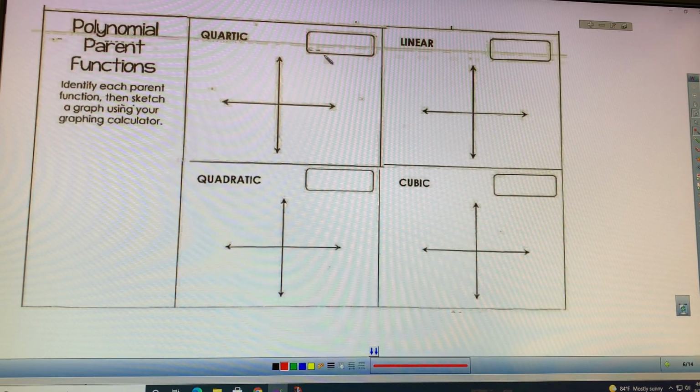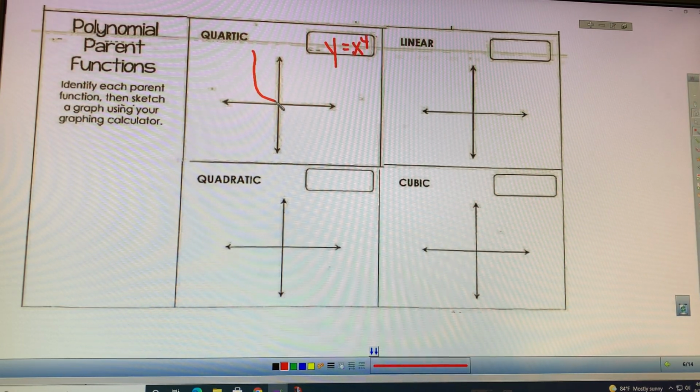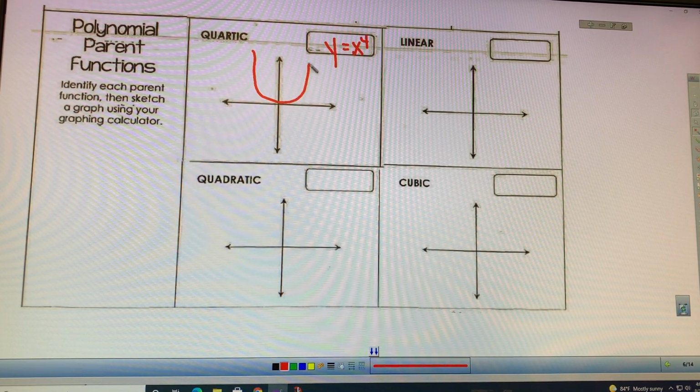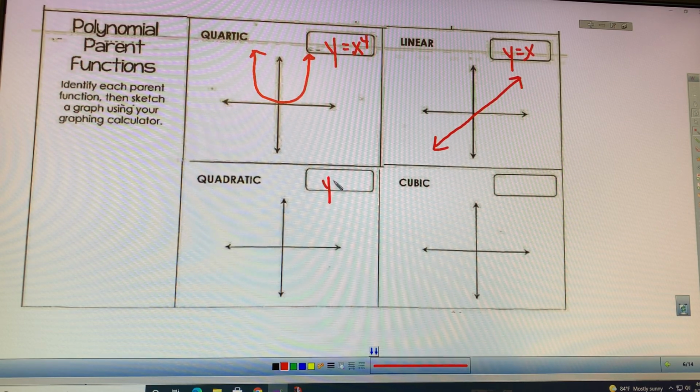Here, let's fill these in and just sketch the graph. Remember, this is the one that we said was a little flat there. Linear, y equals x. Quadratic, y equals x squared.